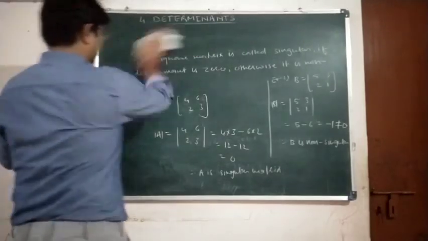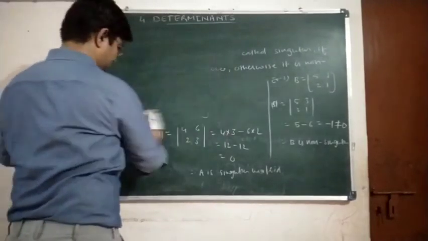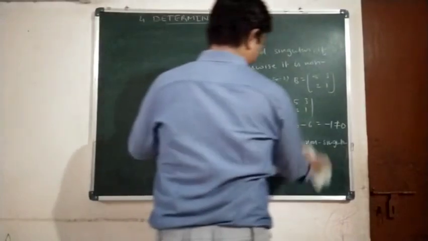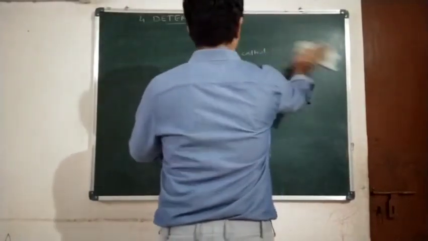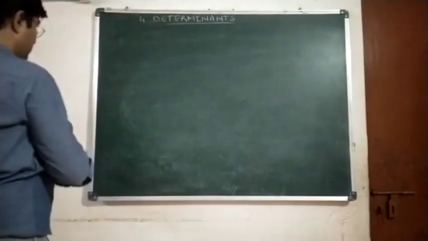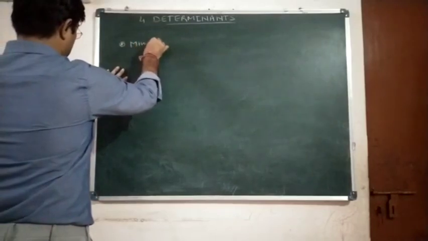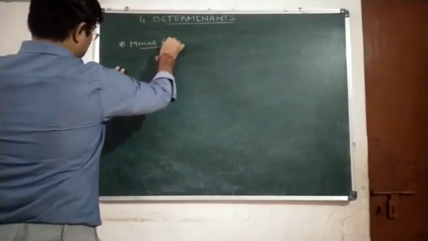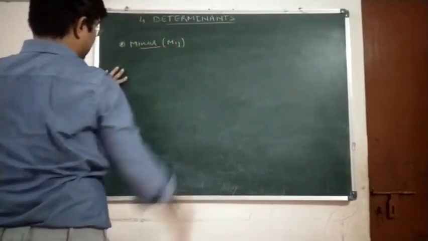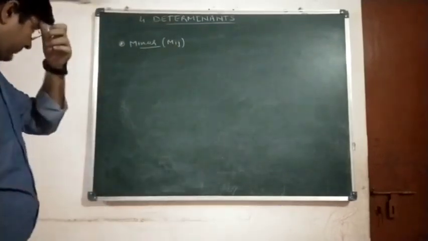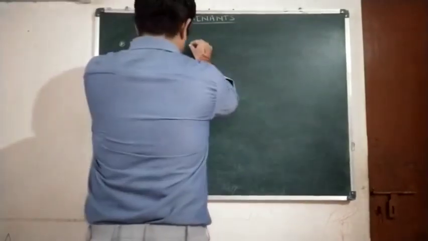So let us see what is the minor of an element in a given matrix. Minor is denoted by Mij. Clear? So we define minor like this.